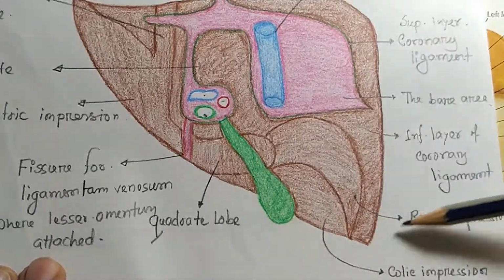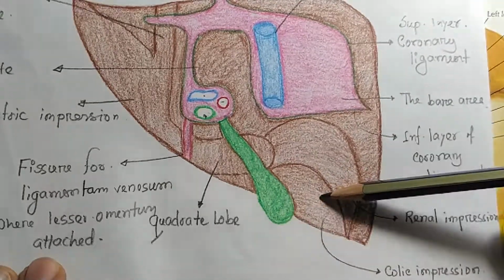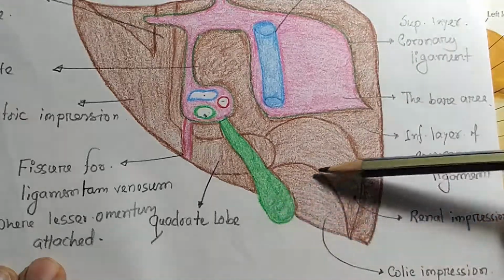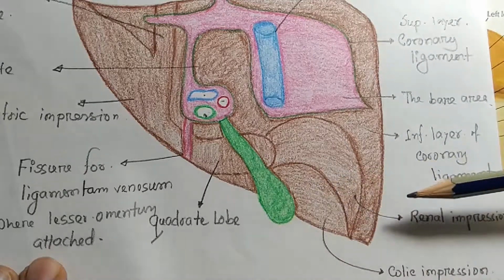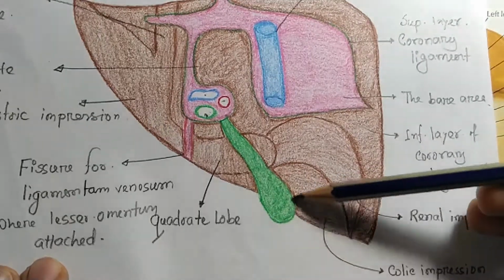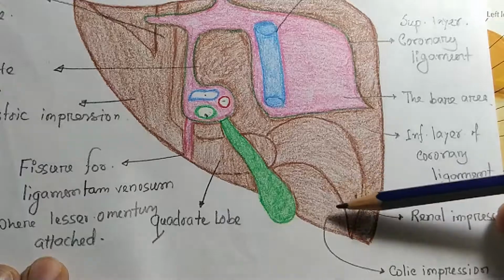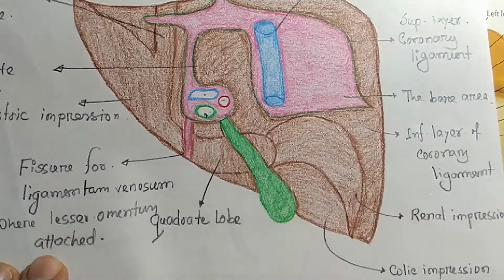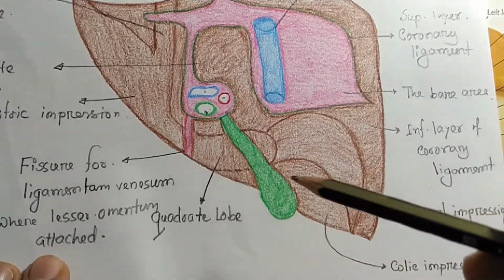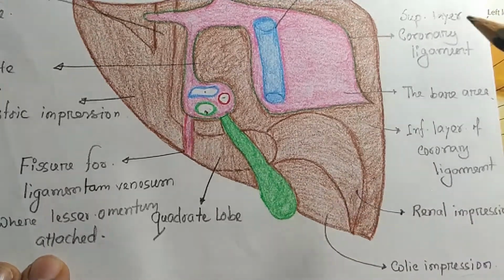What structure lies here? That is the hepatic flexure, the flexure in between the ascending and the transverse colon. That flexure lies here, so that's why it is called the colic impression.